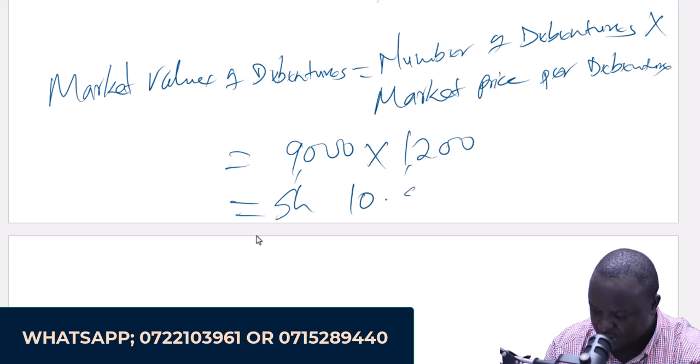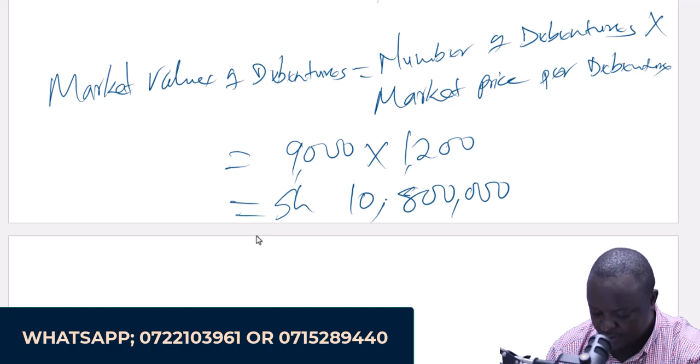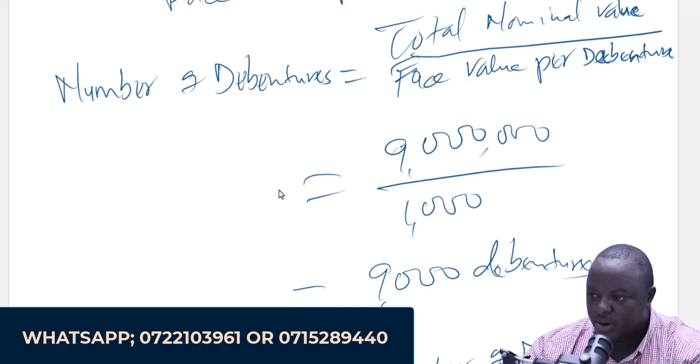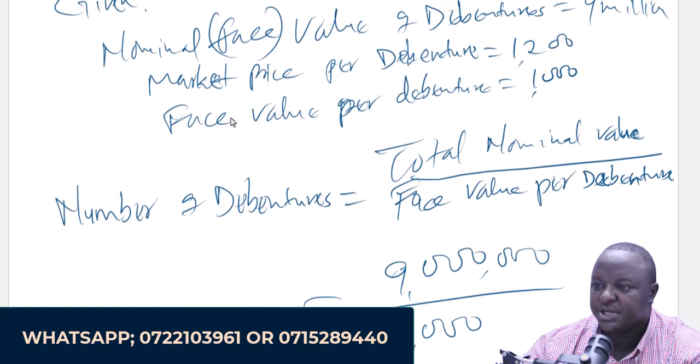So that is 10.8 million. If you look at our options, the answer is 10.8 million. That is the value for the debentures.